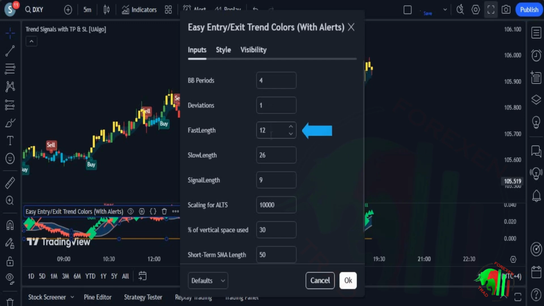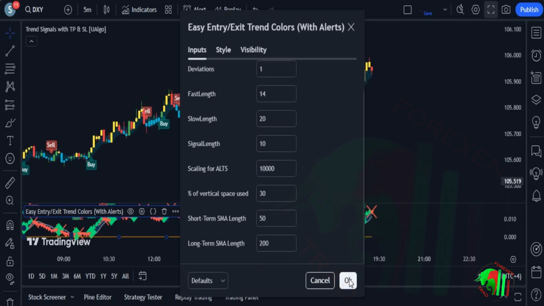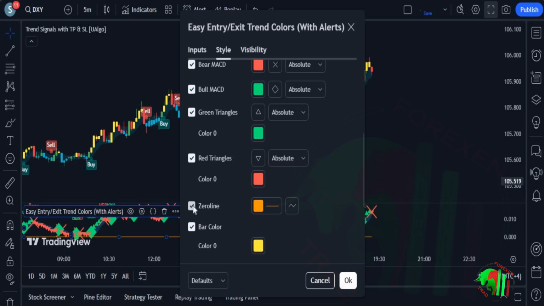Set fast length to 14. Set slow length to 20. Set signal length to 10. Then, go to Style and hide the upper band, lower band, zero line and fill.